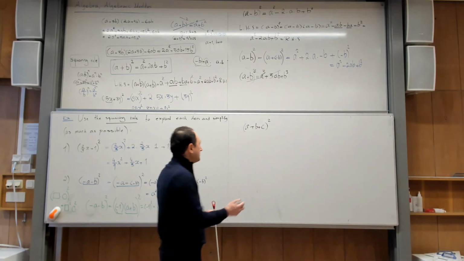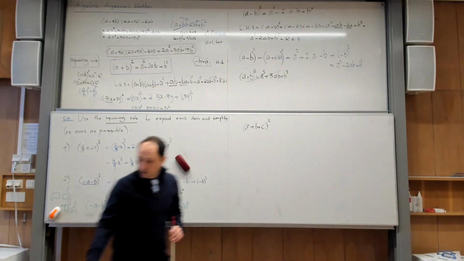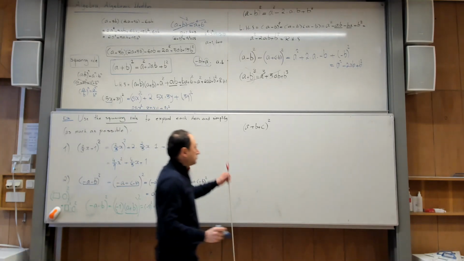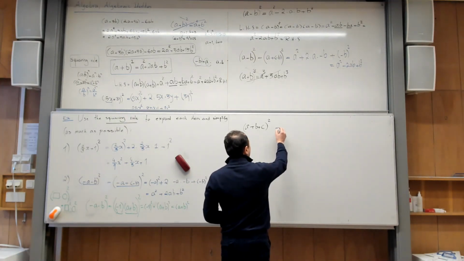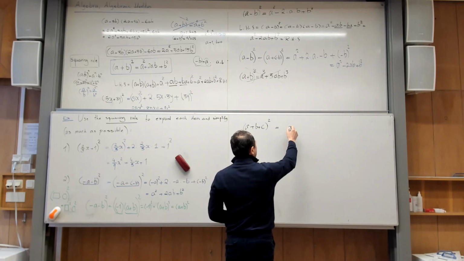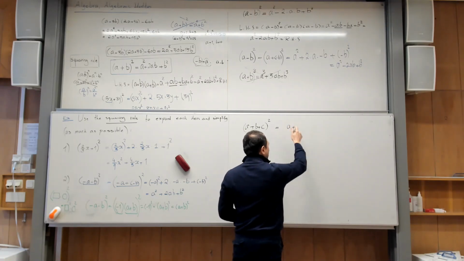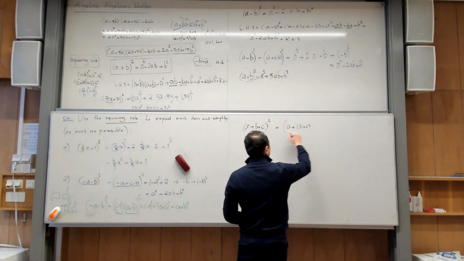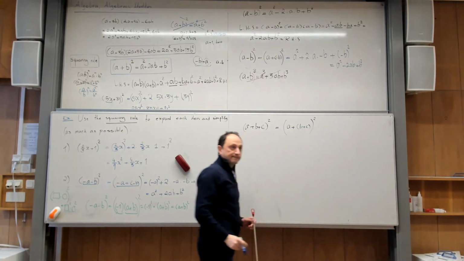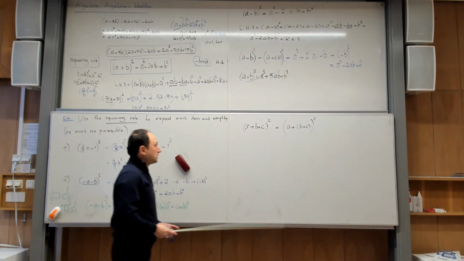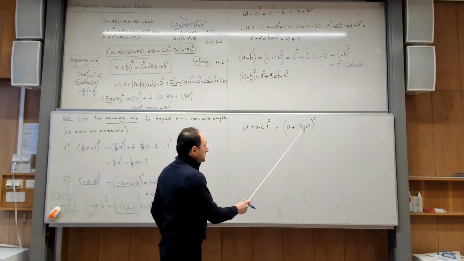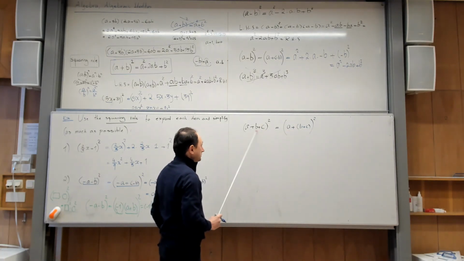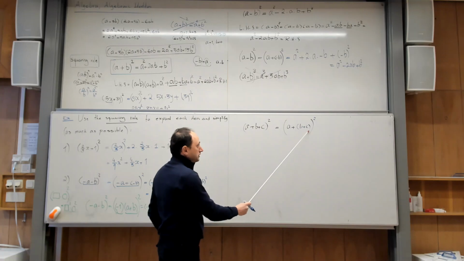For example, let me change my color. What I write in blue is actually my solution. So this becomes equal. I can view this as the sum of a with the whole package of b plus c, and then square it. I hope that you agree there is no difference whatsoever here and there. What is the benefit of writing it like that?